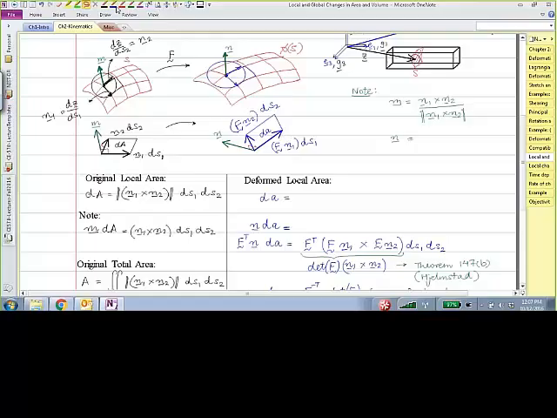So this deformed tangent vector is dx ds1, and this Fn2 tangent vector is dx ds2.